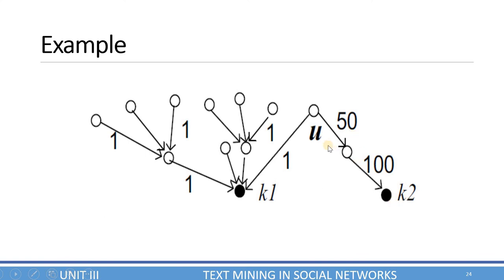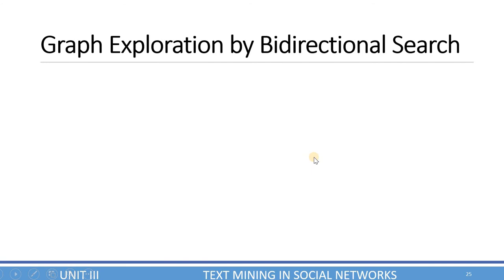Because from K2, you are reaching U by the distance cost of 150, so you have to balance that cost in the K1 cluster also. So this is a drawback of the backward search algorithm, that is the BANKS algorithm. And this drawback is overcome in the next algorithm called graph exploration by bidirectional search.